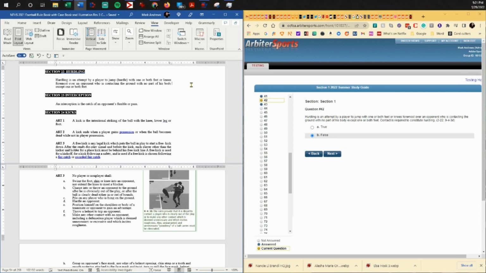The guy jumps over a guy that's standing straight up, beautiful athletic move. I was the only one on my crew that threw a flag, and I know that's because the other associations and even crews in our association will not throw that flag, will not penalize that player. And we have to be consistent. So don't be afraid to throw it.